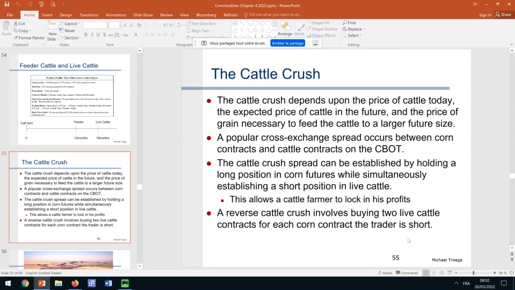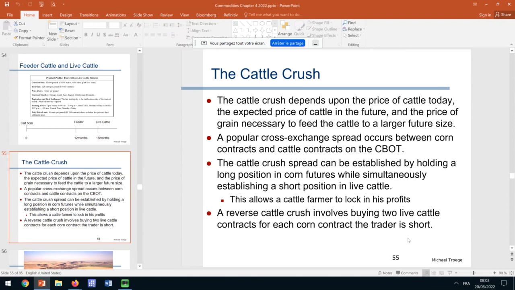That's what we exploit in this cattle crush bet. We exploit the fact that a certain number of feeder cattle plus a certain number of soy or corn should have the same value as, or be related to, the value of the live cattle. So the input should be related to the output price.